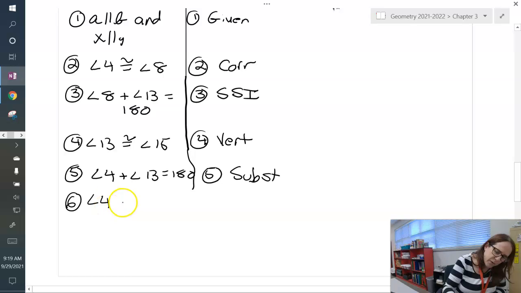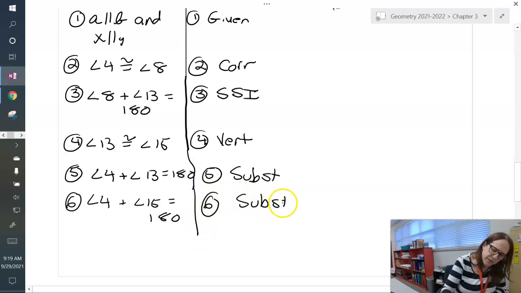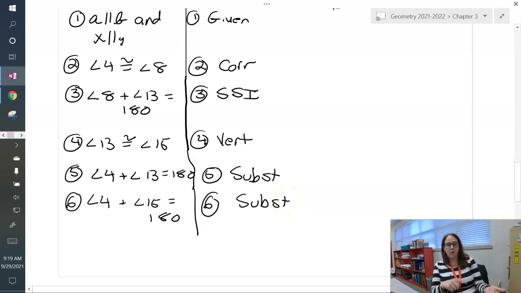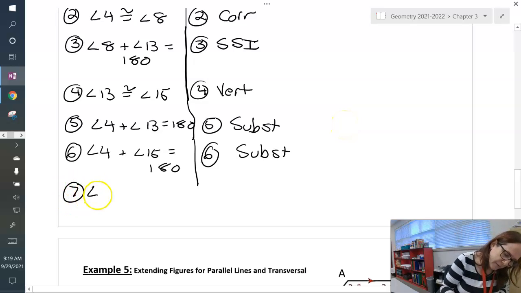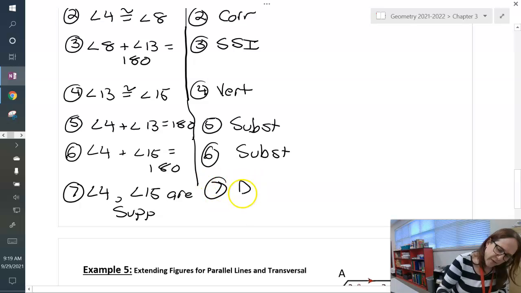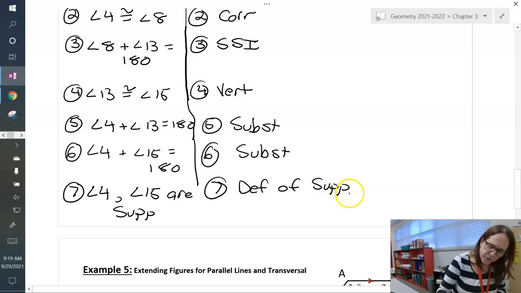So angle 4 plus angle 15 equals 180. That's another substitution. And check it out. 4 plus 15 is supplementary. So angle 4 and angle 15 are supplementary, and that's your definition of supplementary.